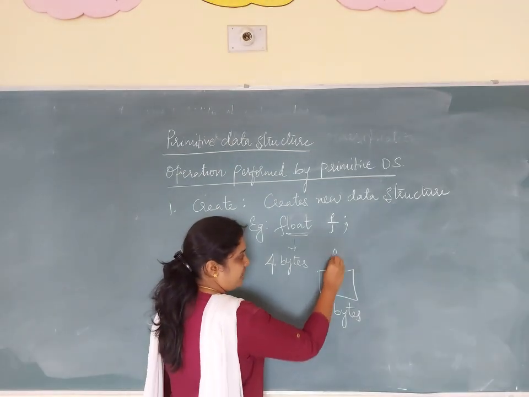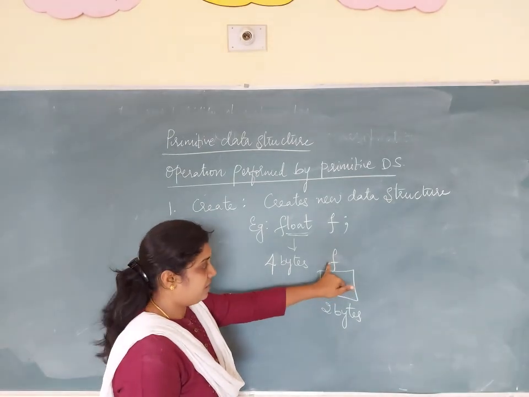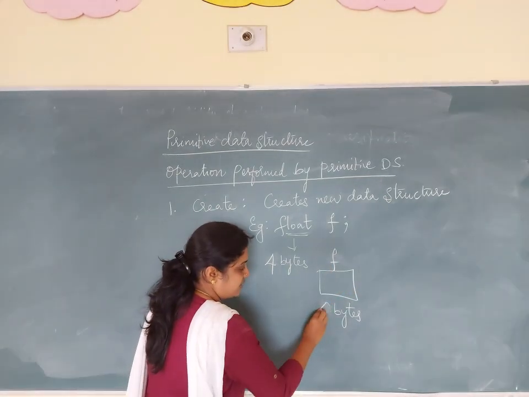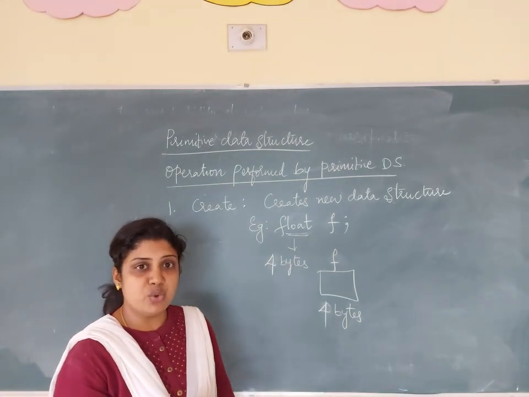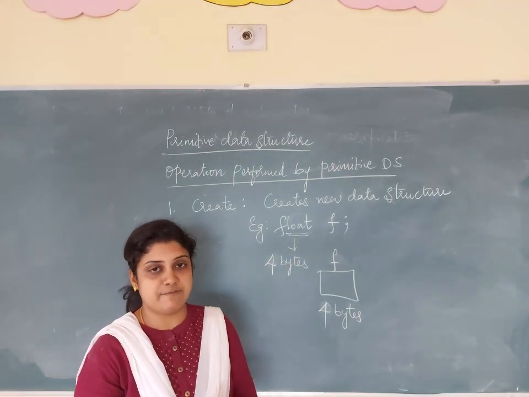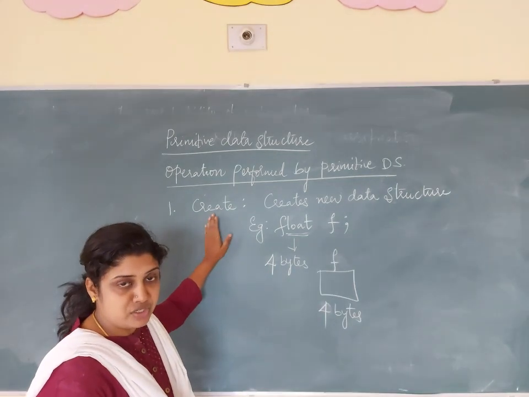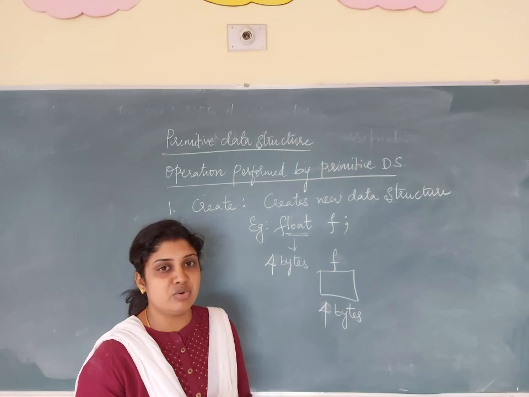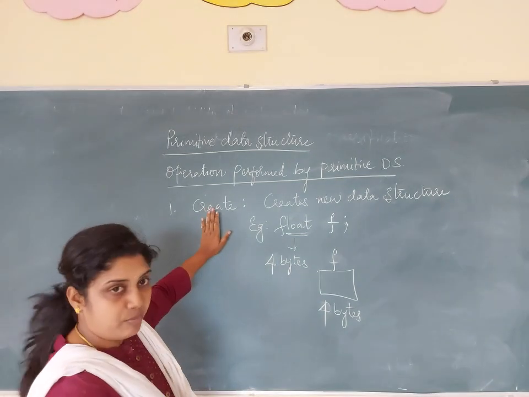For this f, it will reserve 4 bytes of memory. So depending upon the data type, it is going to reserve the memory space for the programming element. With the help of this create operation, you are going to create a new data structure. This is the first operation.